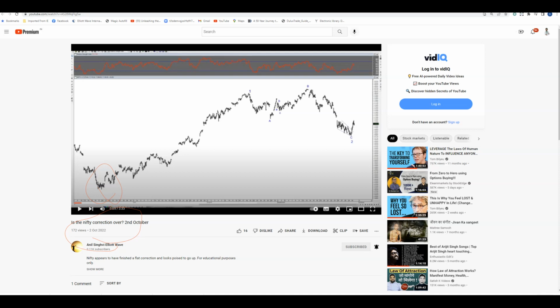So now what is going on? For that, let us go back to the daily chart of the Nifty. The daily chart of the Nifty is right here.